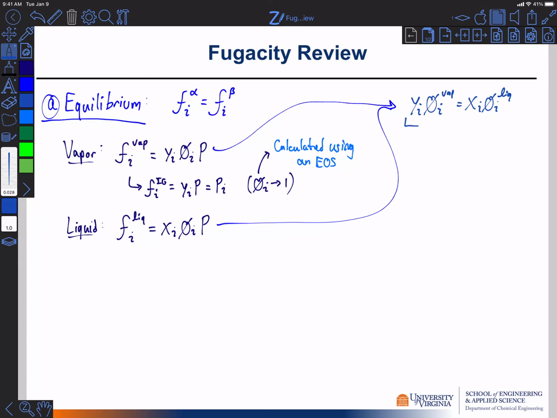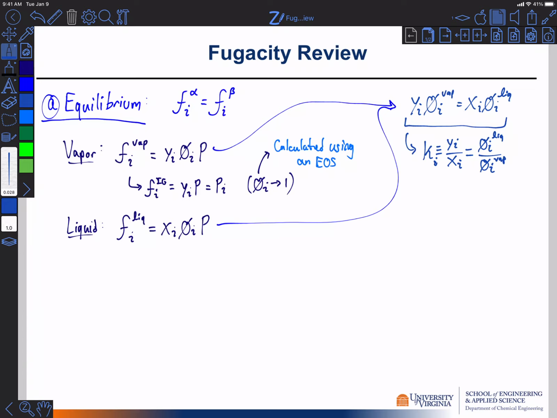Interestingly, we could also look at this and recognize that this means that our K value that we've talked about, which is defined as just y_i divided by x_i, is simply going to be equal to the ratio of the fugacity coefficients for the liquid phase divided by that of the vapor phase.